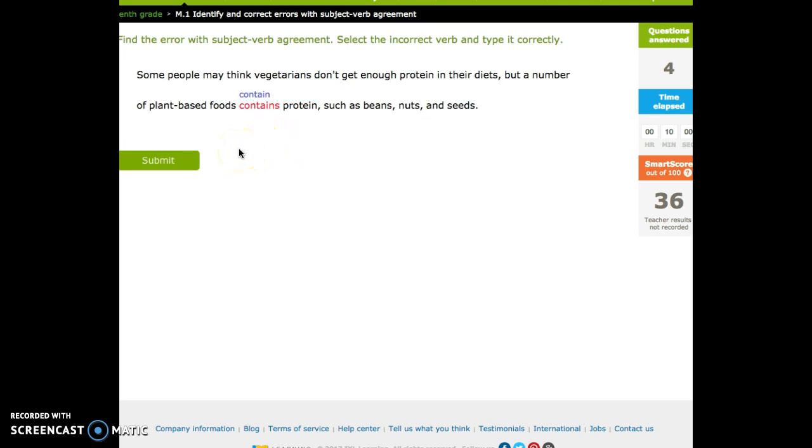A number of plant-based foods contain. If we had the number, it would be different. The number of plant-based foods is high, for example, because that would make it the subject. But in this example, we're asking the question, what contains protein? Foods contain protein.